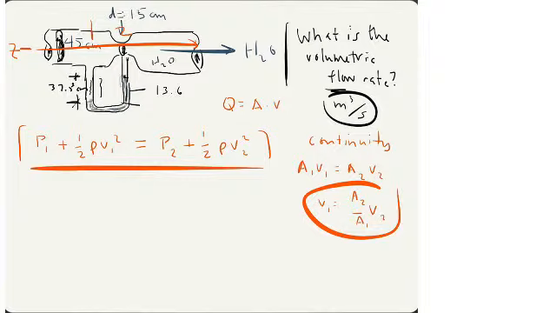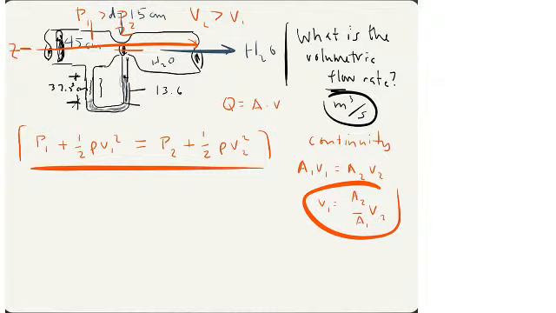And then get to the Q value. Okay, so before I start crunching the numbers myself, what I like to do is ask myself physically, what do I expect to get here? Just looking at this Venturi tube, I know that the pressure at 1 is going to be greater than the pressure at 2, because velocity 2 is going to be greater than velocity 1, and that's what causes the hydrostatic pressure difference.